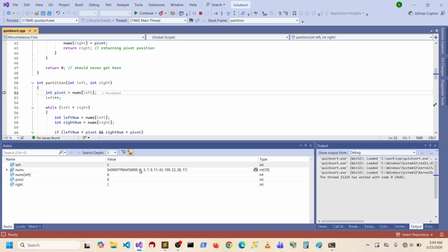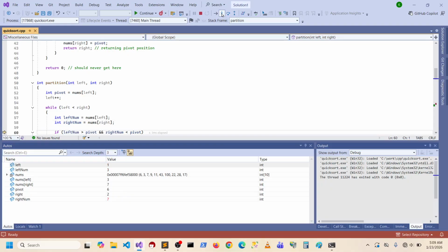Pivot is 6. So left and right. Right is greater, left is less than. So it should stay like that. There shouldn't be any kind of swap there. 3. So we got nums left 3, nums right 7.